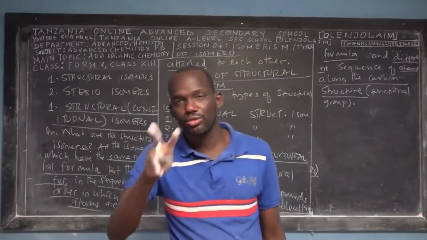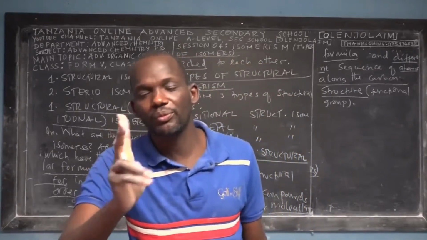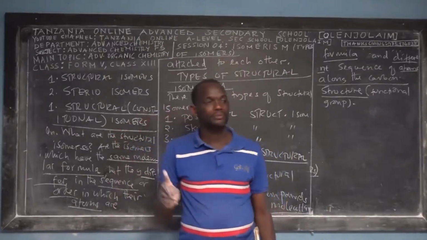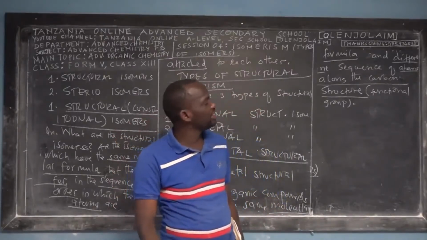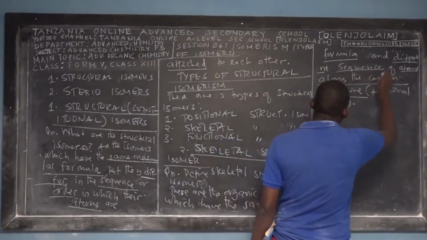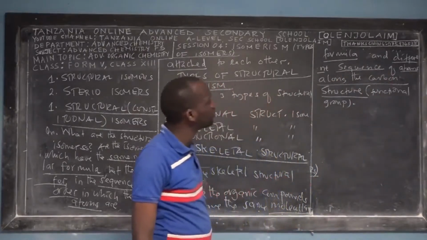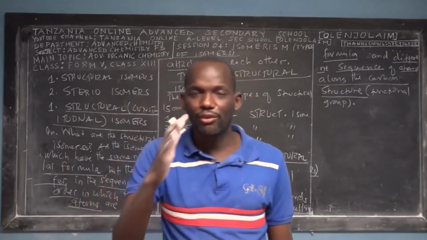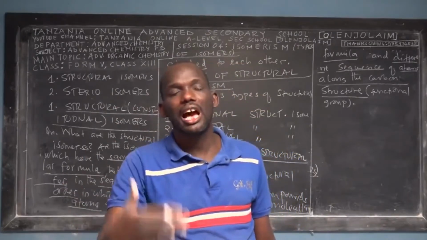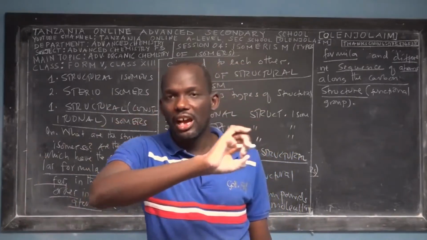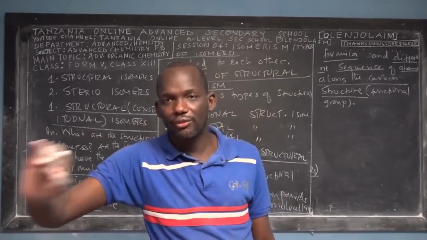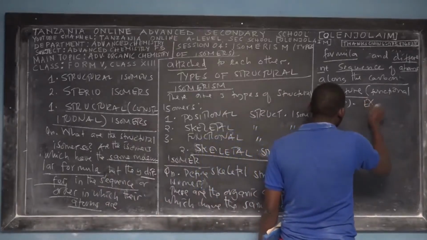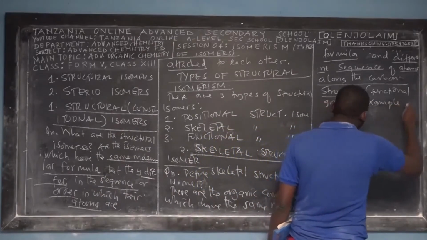It means we can have two compounds we call skeletal if they have the same molecular formula, the same number of carbons and hydrogens, but they differ in the arrangement or sequence of atoms along the carbon structure, along the open chains, or along the functional group. That is what they mean. So let me give you some examples of skeletal isomers.